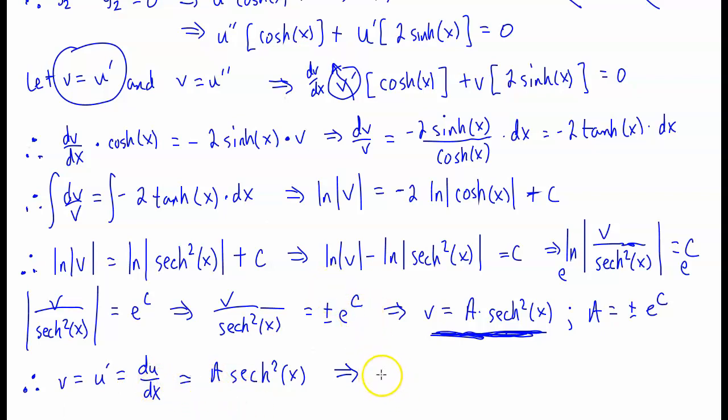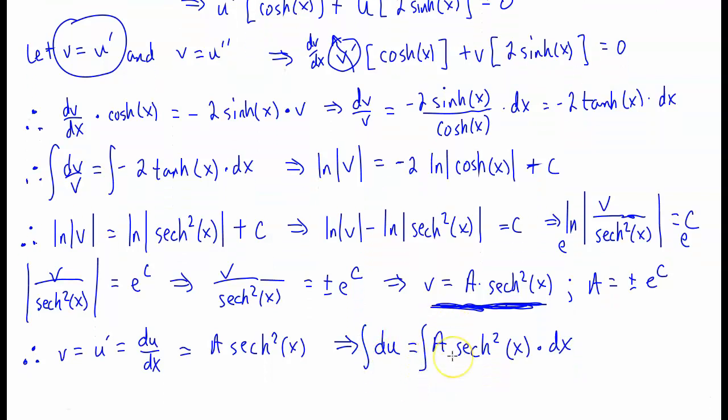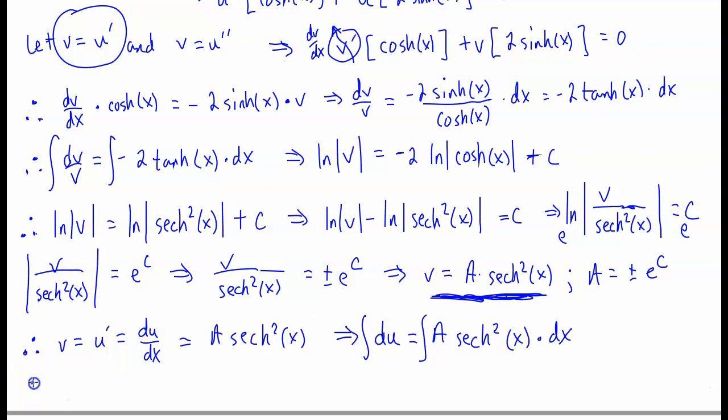And I guess to be technically sound notation wise, I'll go ahead and do this. And then of course, integrate both sides here. And the result, our u ends up just being a times tanh of x plus some constant, okay? And I think I've already used c, so I'll use c1 here, okay?